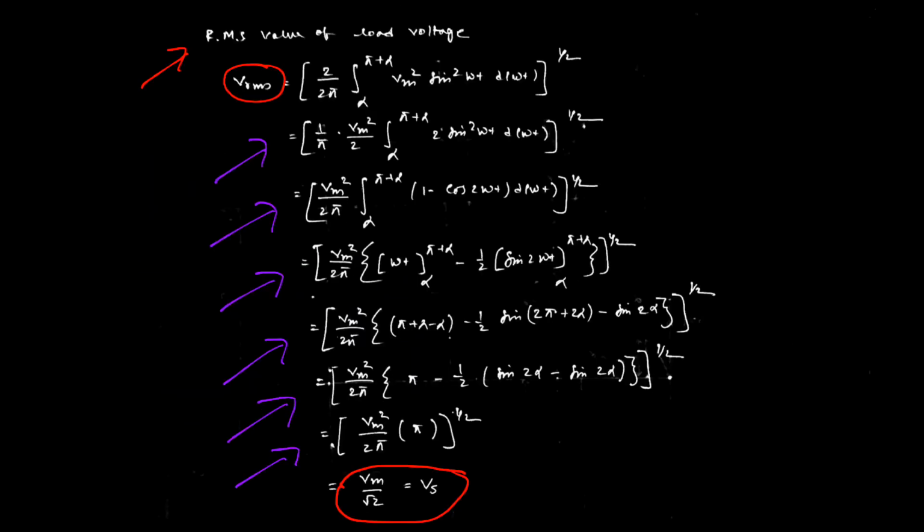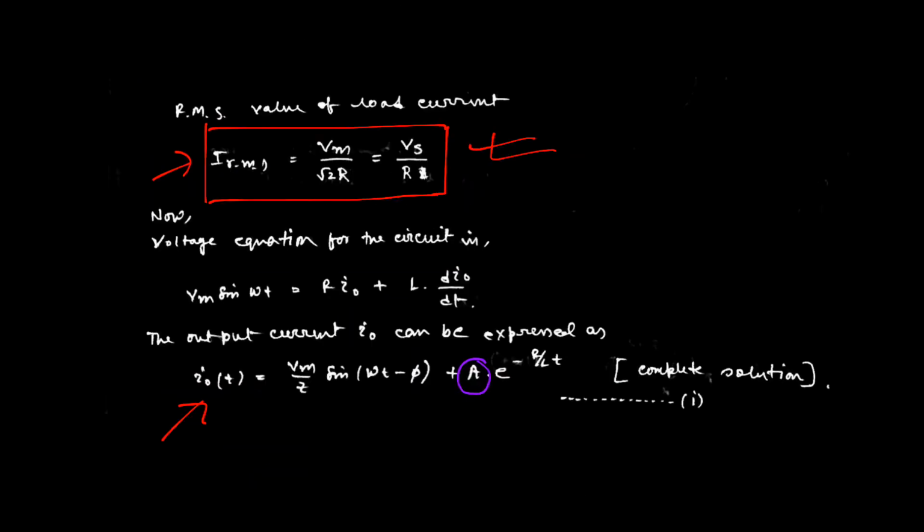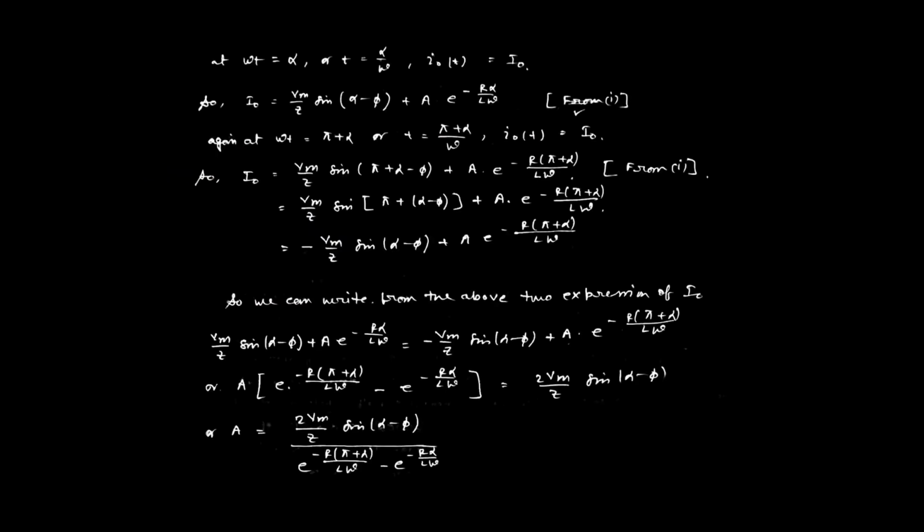Now we can write the expression to satisfy the boundary condition at omega t equal to alpha. The output current is I0 equal to Vm by Z sin(alpha minus phi) plus A into e to the power minus R alpha by L omega, from the first expression.